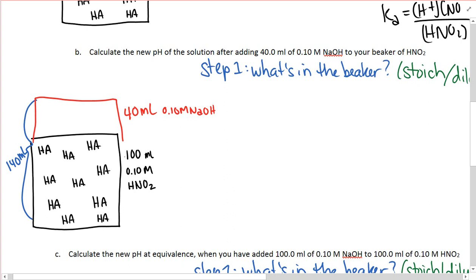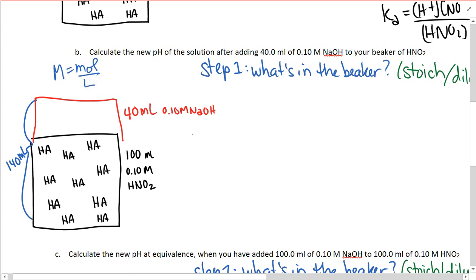Notice that this volume is important because since I've added 40 mL to my original 100 mL, my volume is now 140 mL. And that's going to make a difference later on because we'll find that the molarity of everything, all my ions and molecules, is going to get diluted because my volume just got larger. And remember, molarity is moles per liter. So we'll come back to that in a minute.